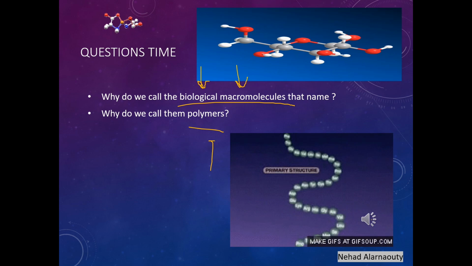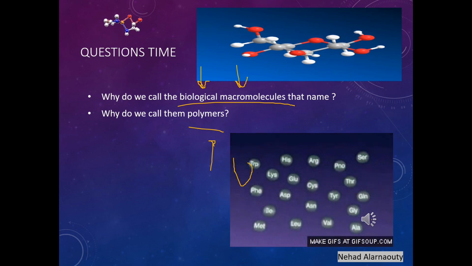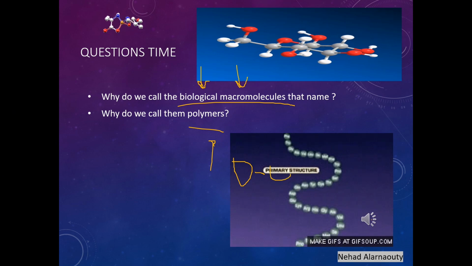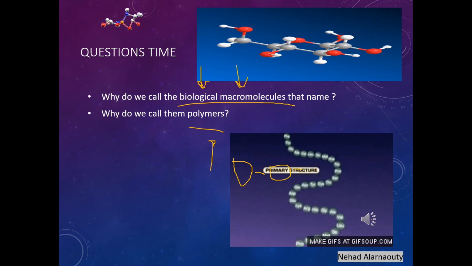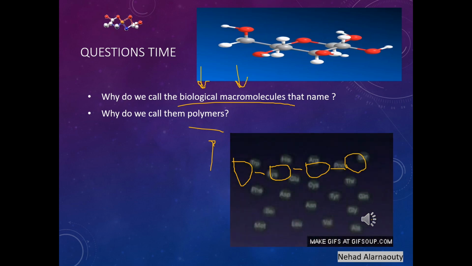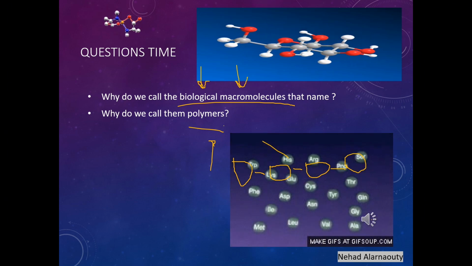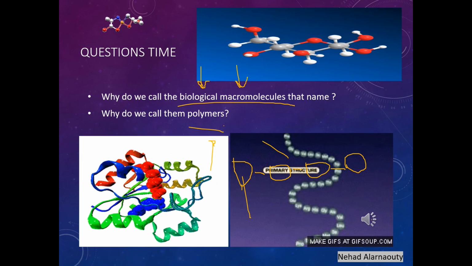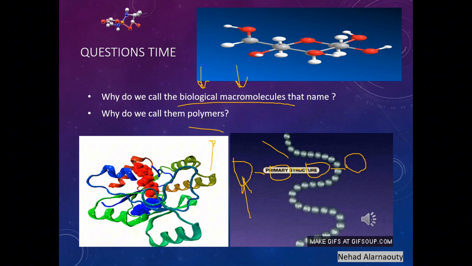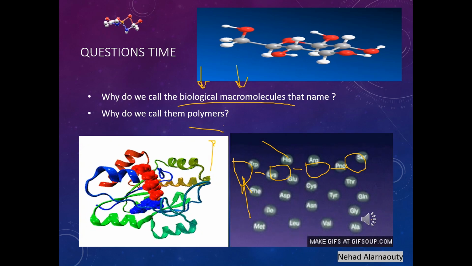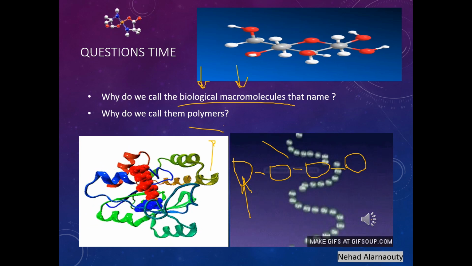Polymers refers to repetitive identical units that, when bonded together, give the polymers. The name of each one of those units is a monomer.